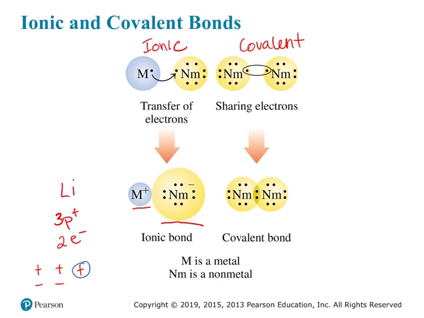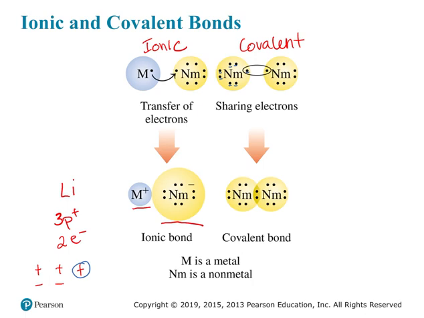And then on the right-hand side, we have a covalent bond between 2 nonmetal atoms. So the nonmetal atoms here each have 7 valence electrons. So 1, 2, 3, 4, 5, 6, 7, and it's the same on the other nonmetal atom as well. But remember that all atoms want to be like a noble gas, so they want 8 total electrons. However, we just said nonmetals can't give each other electrons because they both want to gain electrons.